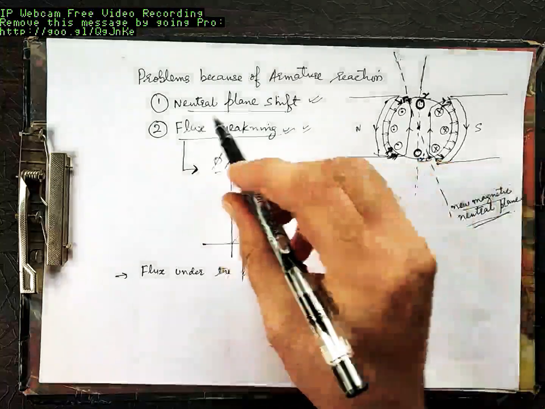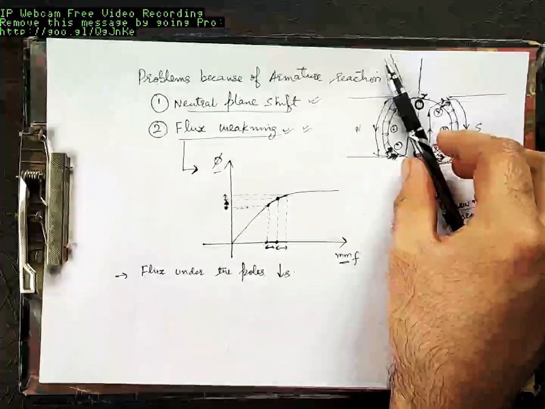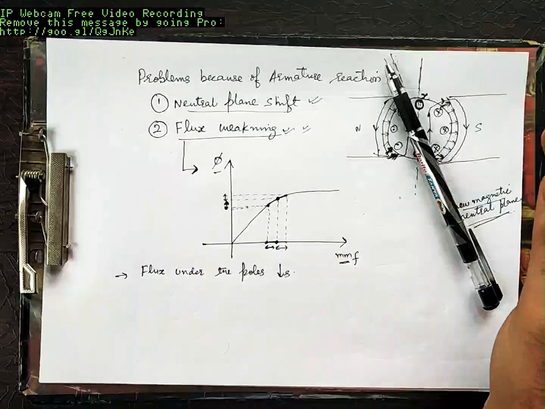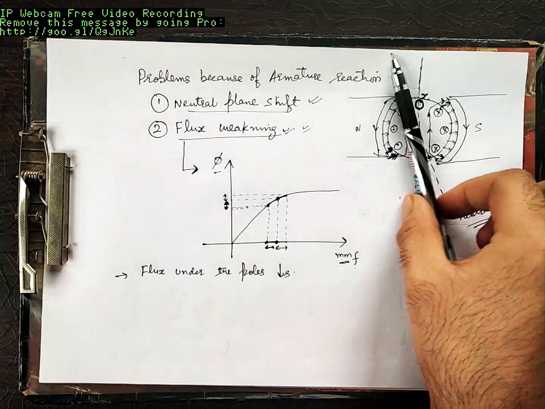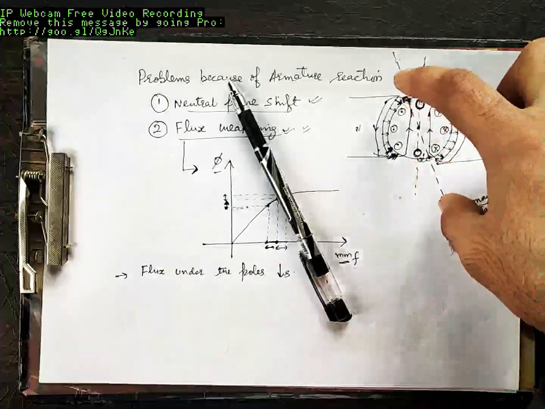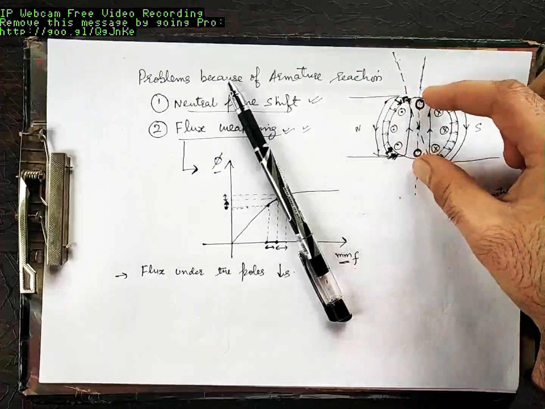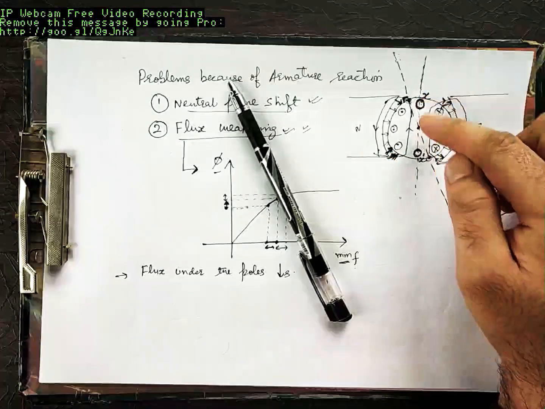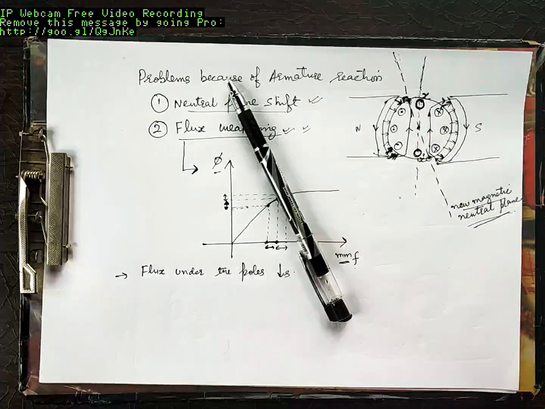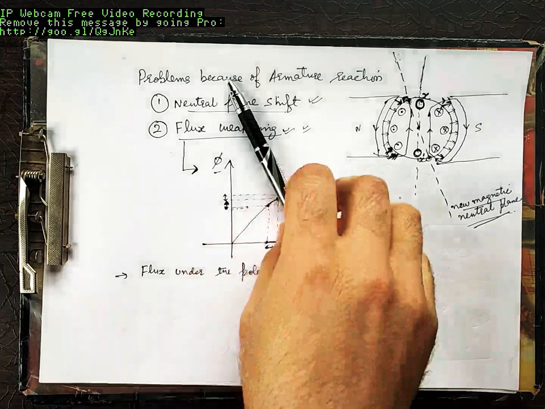But when the neutral plane shifts, the brush edges still short-circuit segments when the coils are here. Now the neutral plane is here. This is not the neutral plane, so there will be voltage in this X and X prime coil. So you are short-circuiting a coil with a finite voltage across it. That will produce sparking and circulating currents. That was the problem with neutral plane shift.